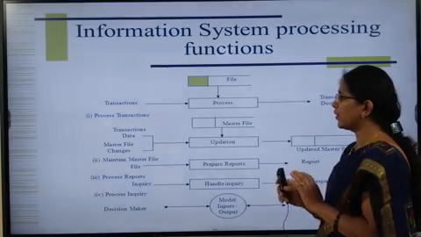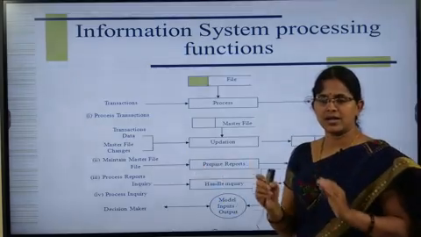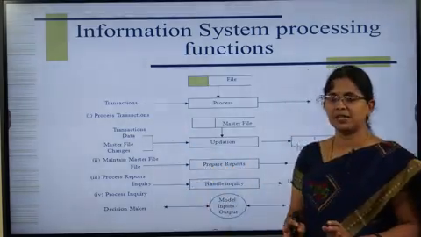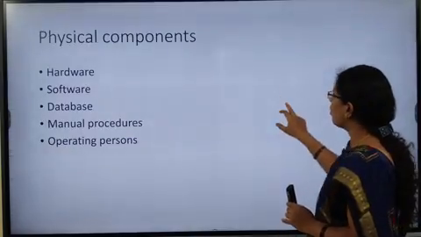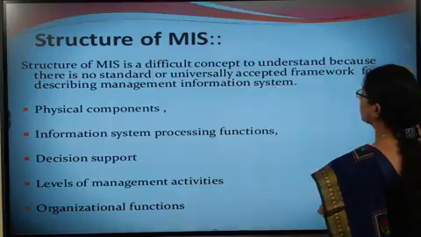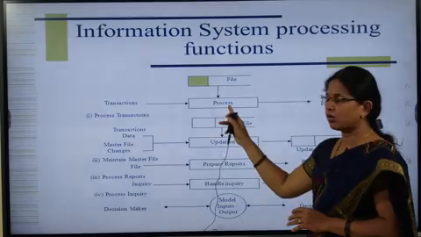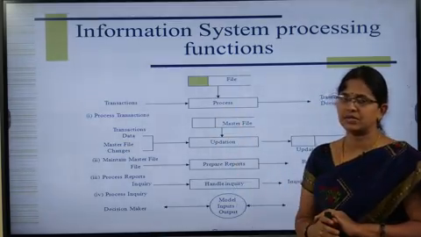How are you processing the transactions? First, transaction data will be there and master file changes will be there. Whatever transactions are processed will be kept updated in the master file.